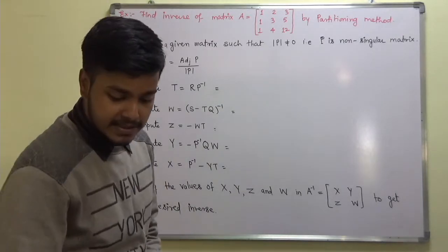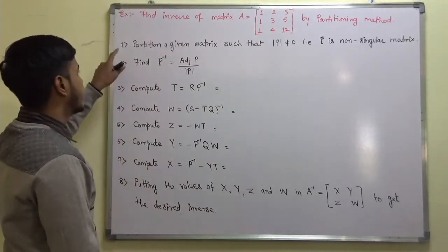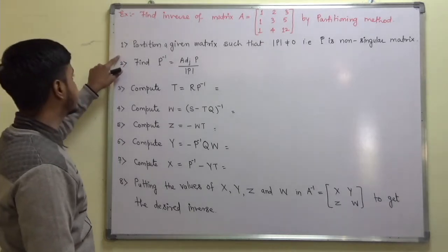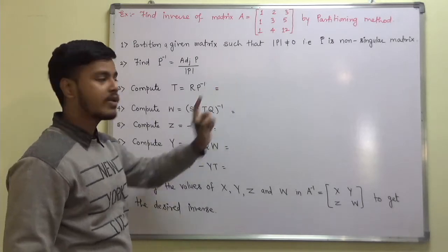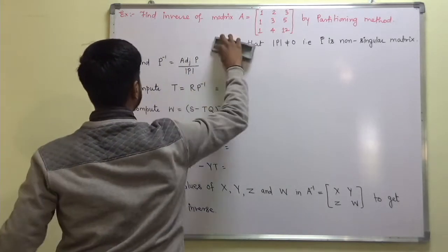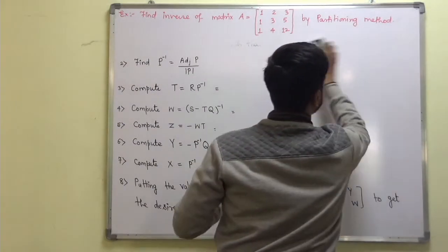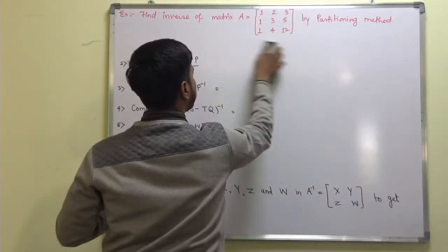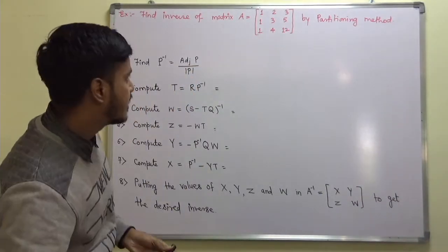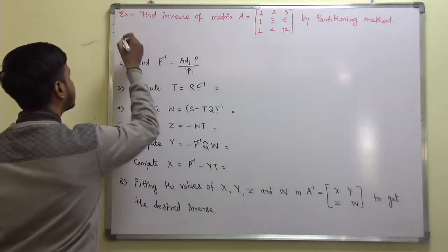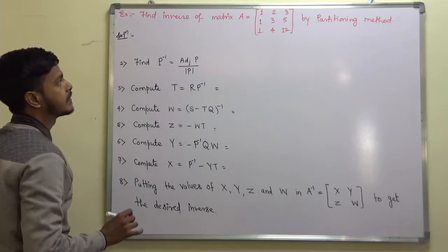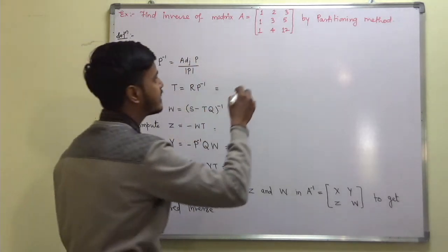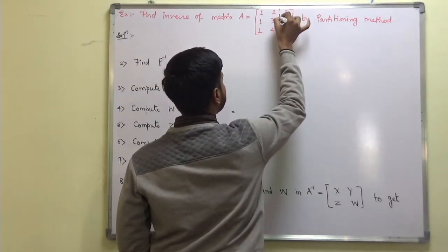So the very first thing, as you can see here in this working rule, says partition a given matrix in such a way that matrix P is non-singular. So in the solution of this problem you have to start with partitioning. Let A is equal to this, and I am making it partitioning like this.